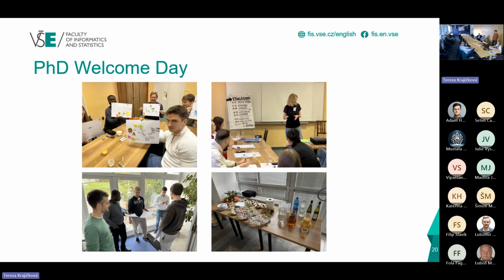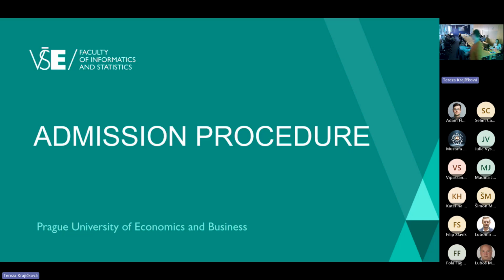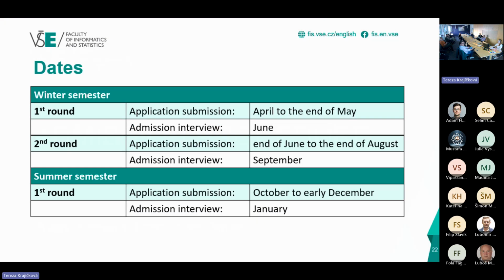Thank you. So now is the time to explain the admission procedure in brief. As you see, we have 3 admission procedures per year. That means in the winter semester, you can apply in the first or in the second round, and you will be a student from September.